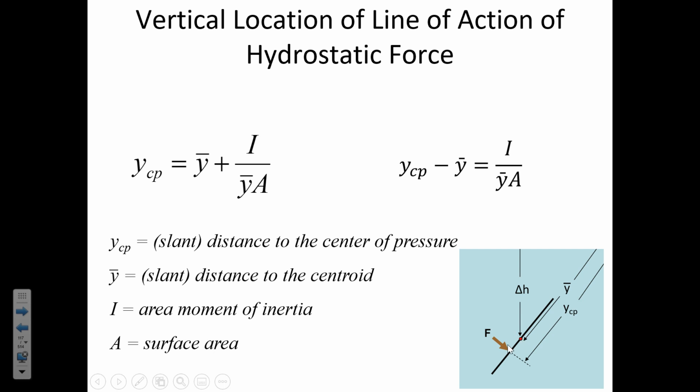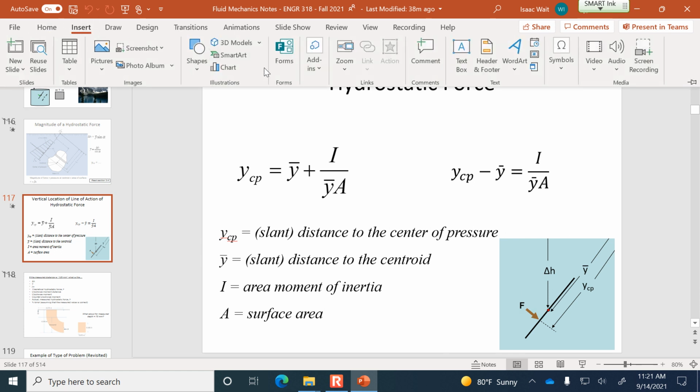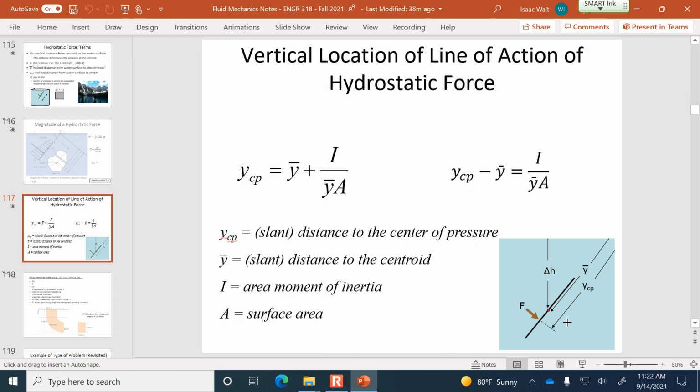And so this gap distance, I should make that even more obvious. Let me see if I can insert a shape that looks like this. Rotate it. Now, that kind of makes it clear.